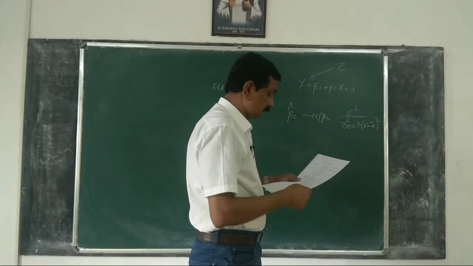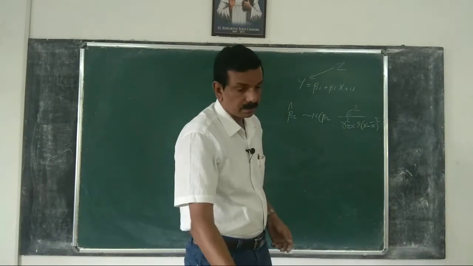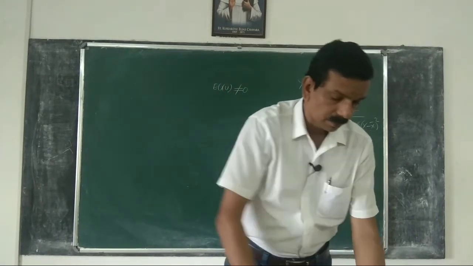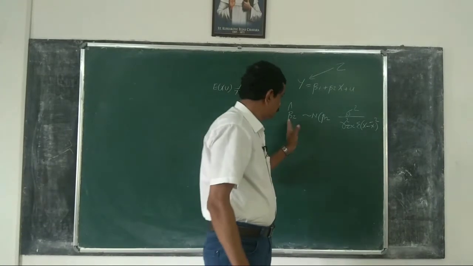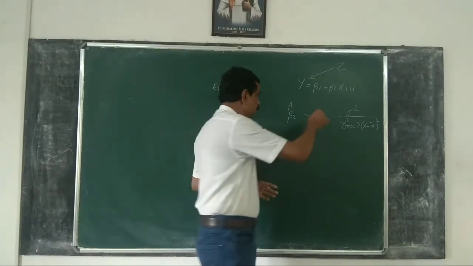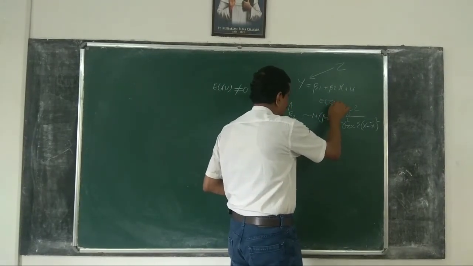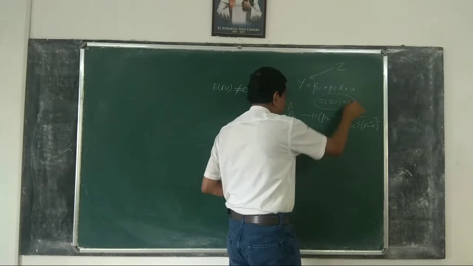And r square is the square of the sample correlation between Z and X. Beta 2 hat is normal, provided that expected ZU is equal to 0.